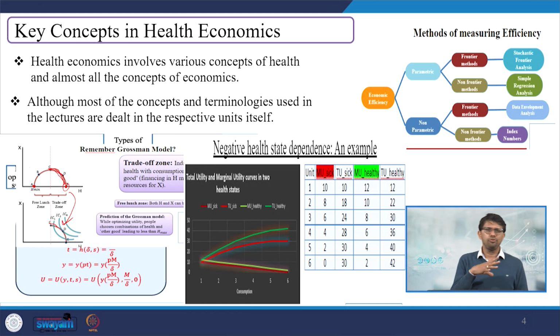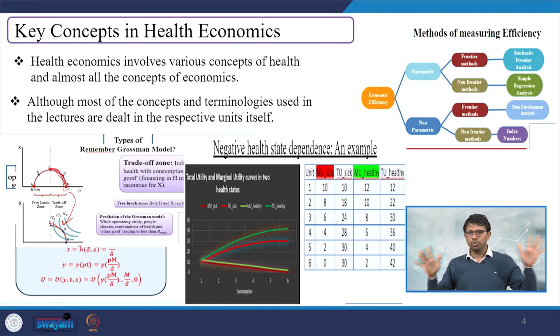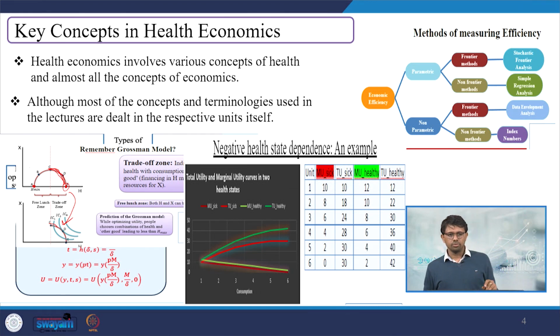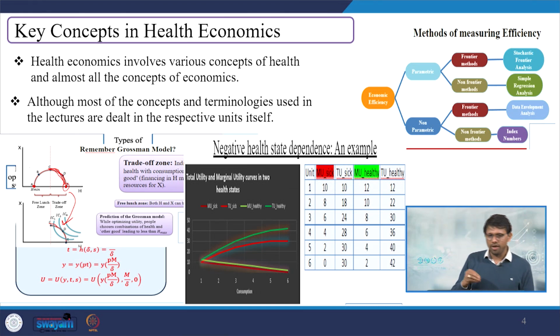If you remember, you might have read regression as well. If you haven't read microeconomics, it is still fine. I think this module we have made accessible to every learner.